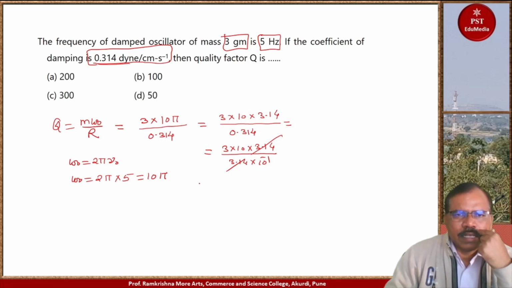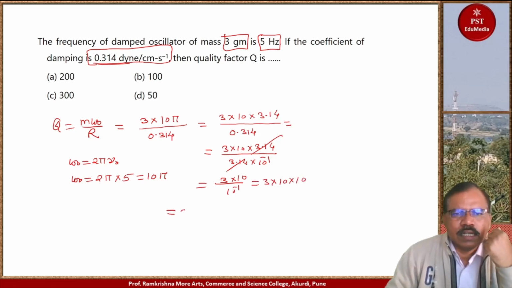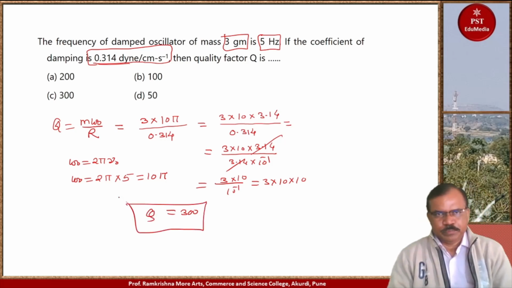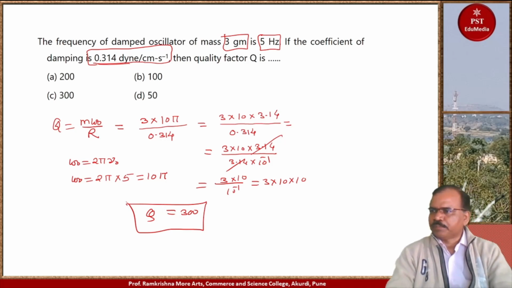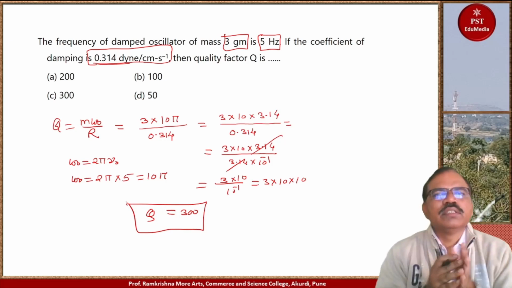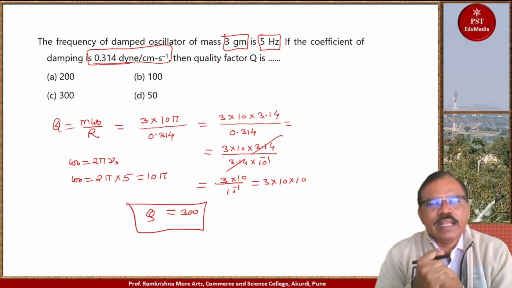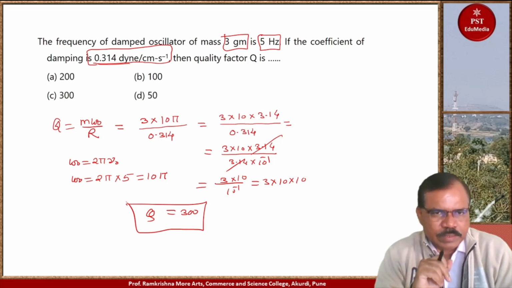Now this will get cancelled. So this is 3 into 10 upon 10 raised to minus 1, means 3 into 10 into 10, so 100 into 3, that is 300. This comes out to be the quality factor, and quality factor is unitless. So this is about damped oscillations, and we have seen two multiple choice questions. In the next lecture we will see more multiple choice questions on this.